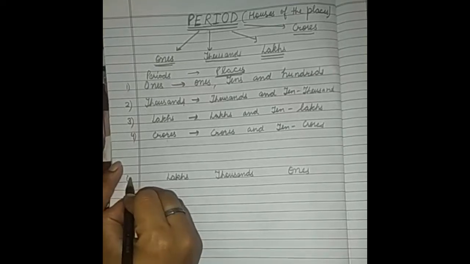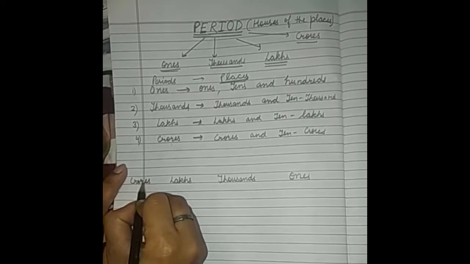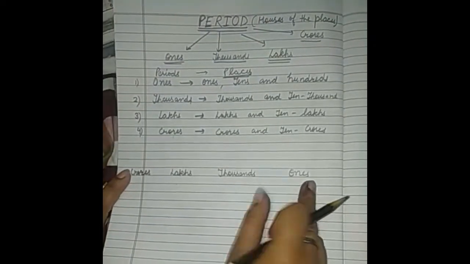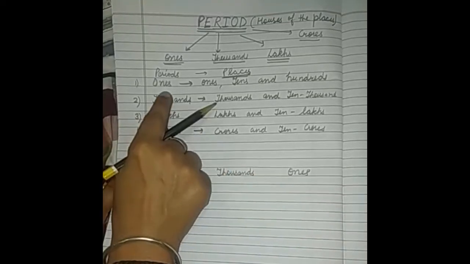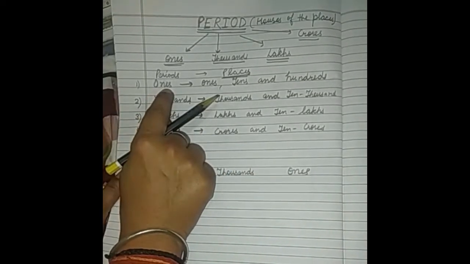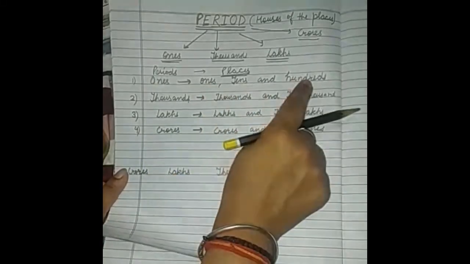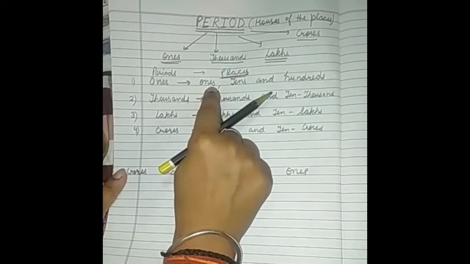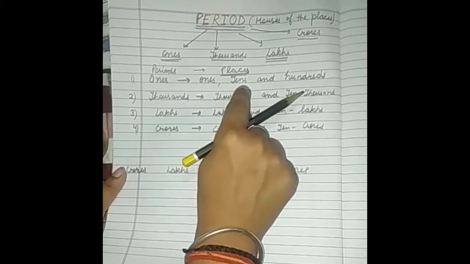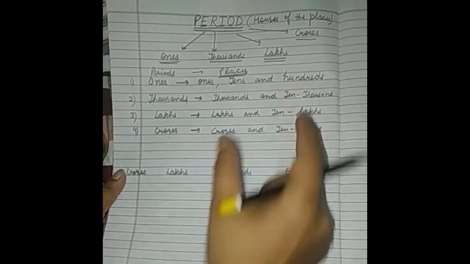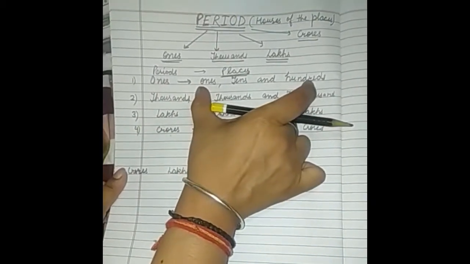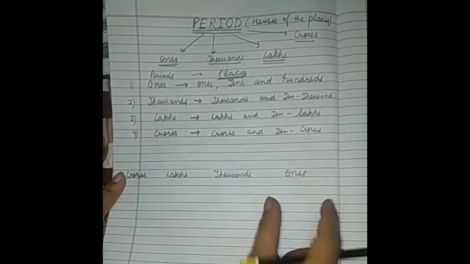Then the fourth period is the crores period. Here the ones period was further divided into groups. So it consists of three places, that is the ones place, the tens place and the hundreds place.